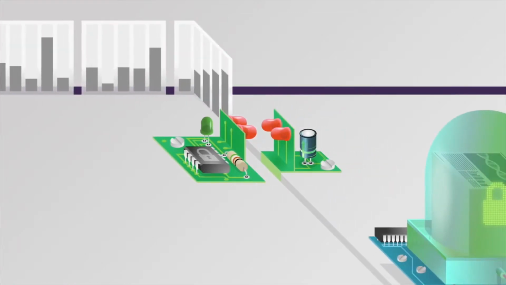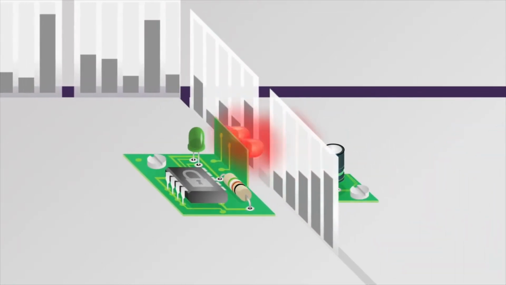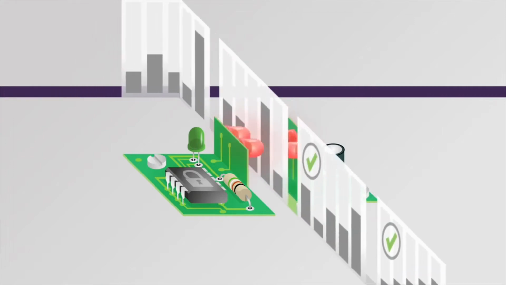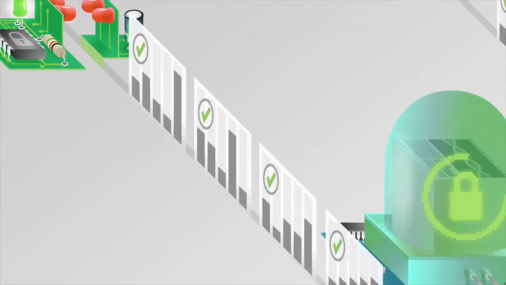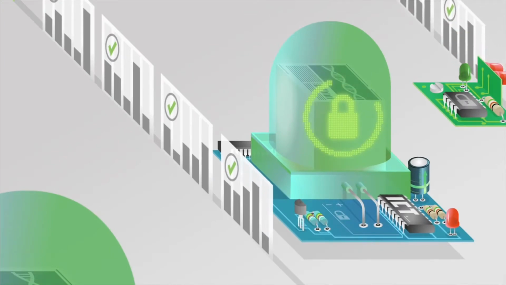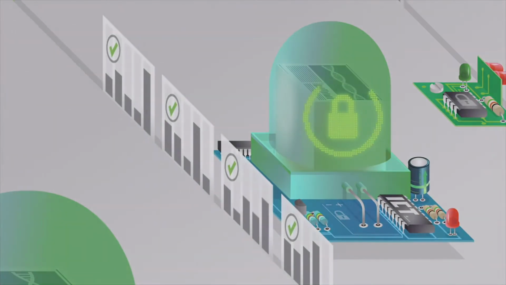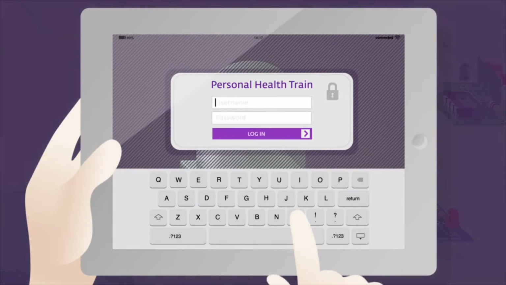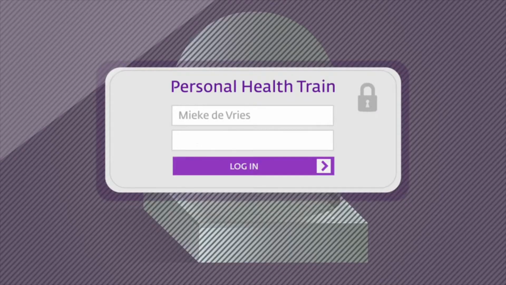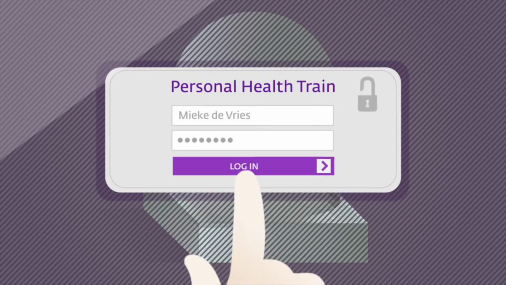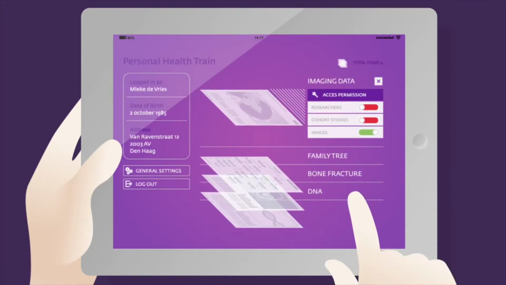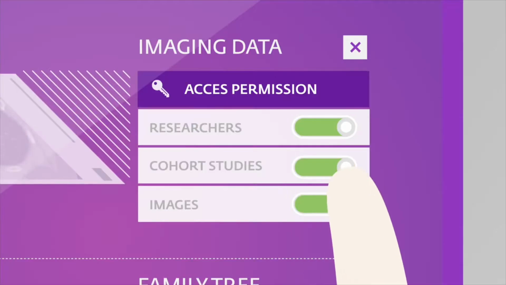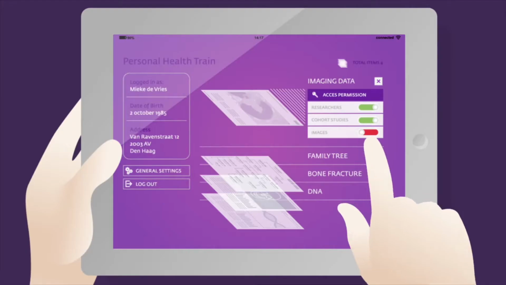FAIR data trains are constantly monitored, and only trains with the appropriate validation may enter a particular station. To secure privacy, every data station has rules. Each data owner has access to his or her secured station and can easily request and control one's personal information. In addition, the owner can set rules for who can access the data and how it may be used.